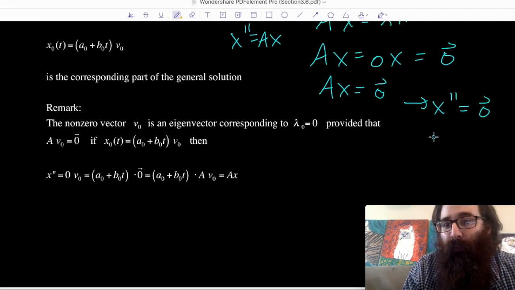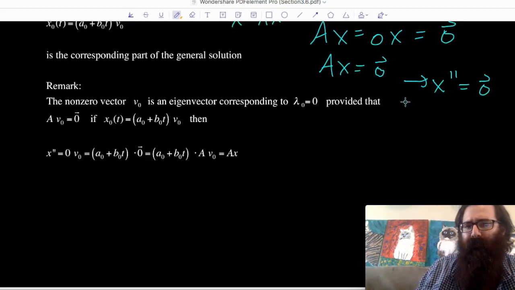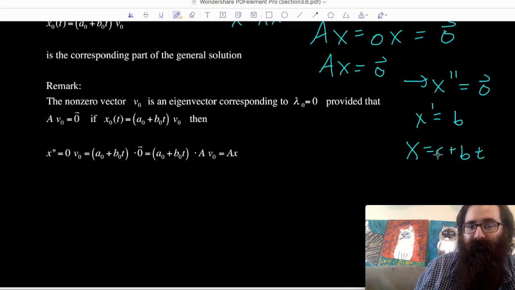Well, if I want to figure out what x is, I can just think about integrating twice with respect to t. So if x double prime is the 0 vector, then x prime is going to be some constant, and let me call that constant little b. And if I integrate again with respect to t, then x is going to be that constant little b times t plus a new constant a.